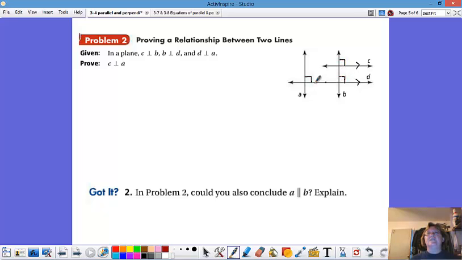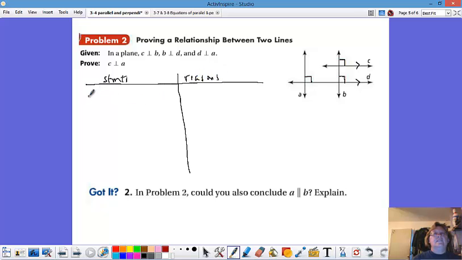So we're going to use both of the theorems that we got today in this proof. Let's see if we can get that down in writing. We're going to start out with C perpendicular to B and B perpendicular to D. I'm going to use the other piece of given information later in the proof, so I'm going to save that and write it down later.